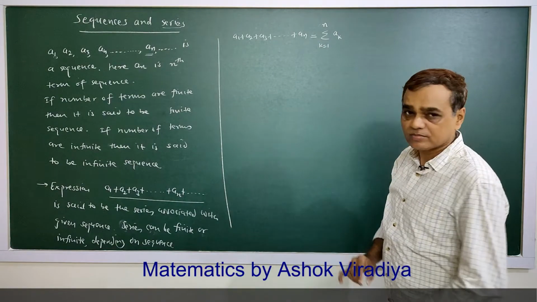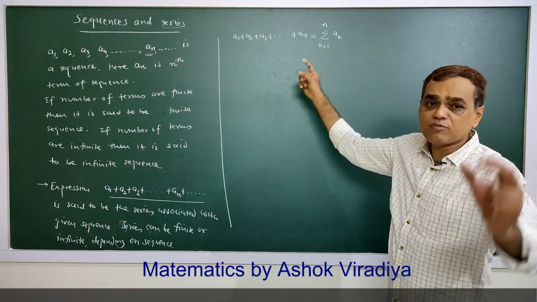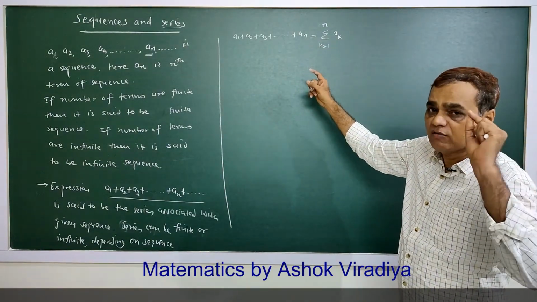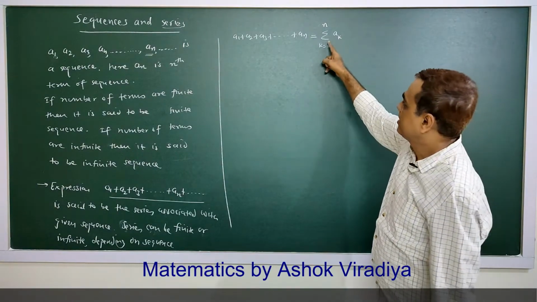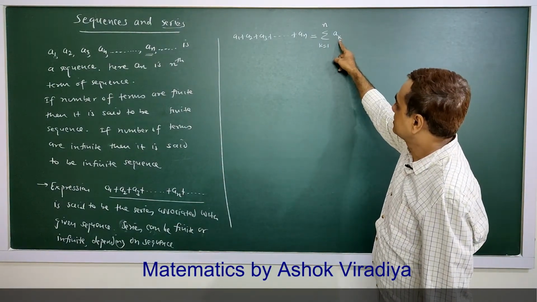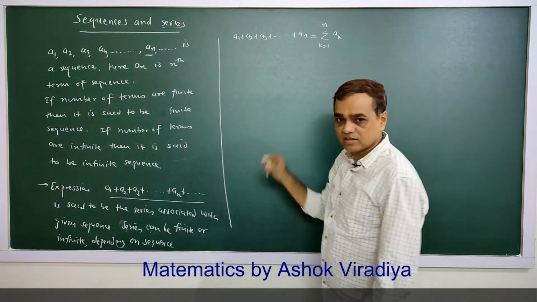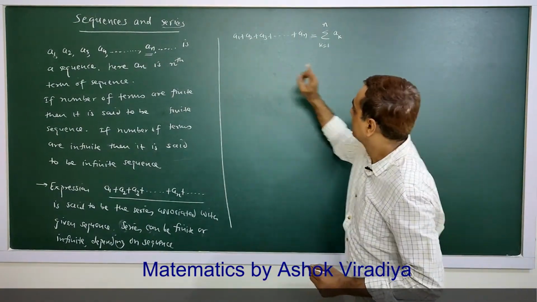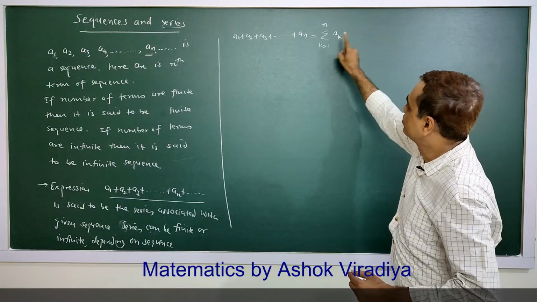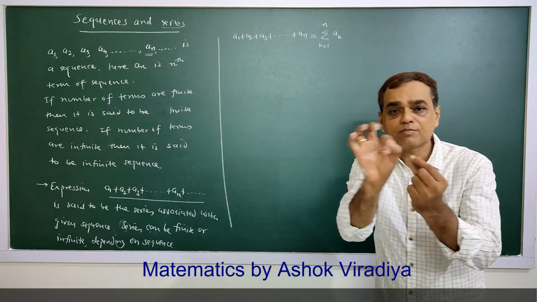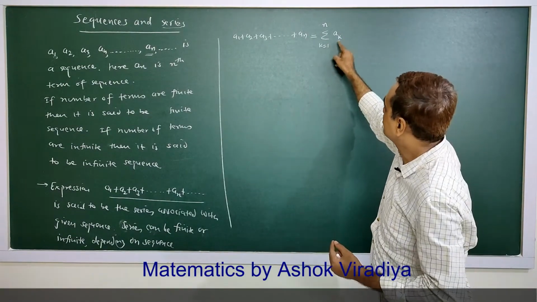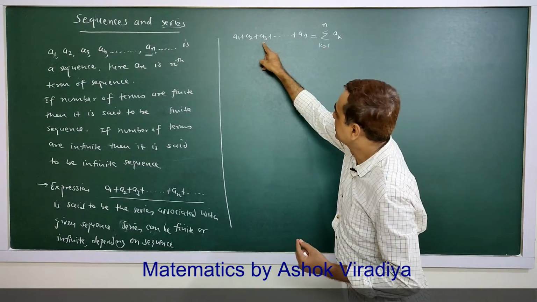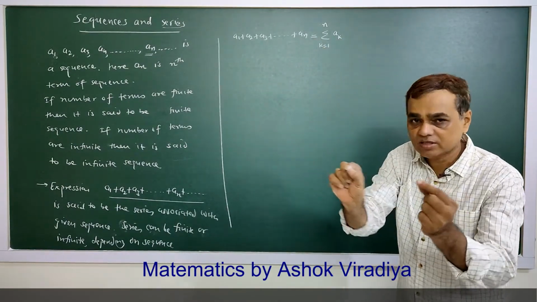That means sigma is a type of machine. What it does, it keeps k equal to 1, so a1, then it does plus, then it keeps k equal to 2, so a2, then plus, then k equal to 3, so a3, then plus.